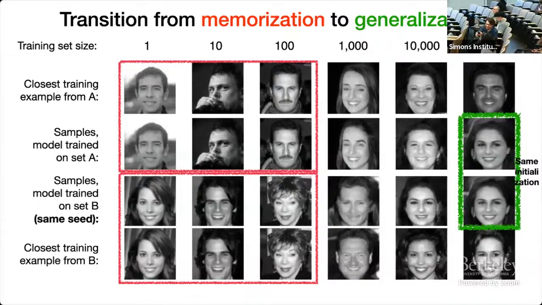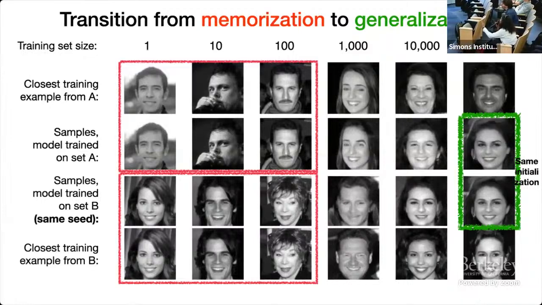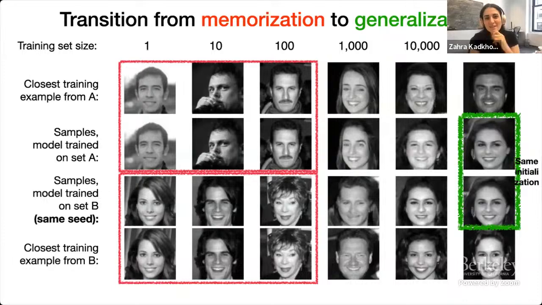Couple more questions there. This is really interesting. Can you comment on the size of the model that is being learned and how that relates to the samples and the transition? Yeah, that is a very good question. So this 100K number totally depends on the size of the model and the size of images, and also probably the complexity of the data set or the distribution.